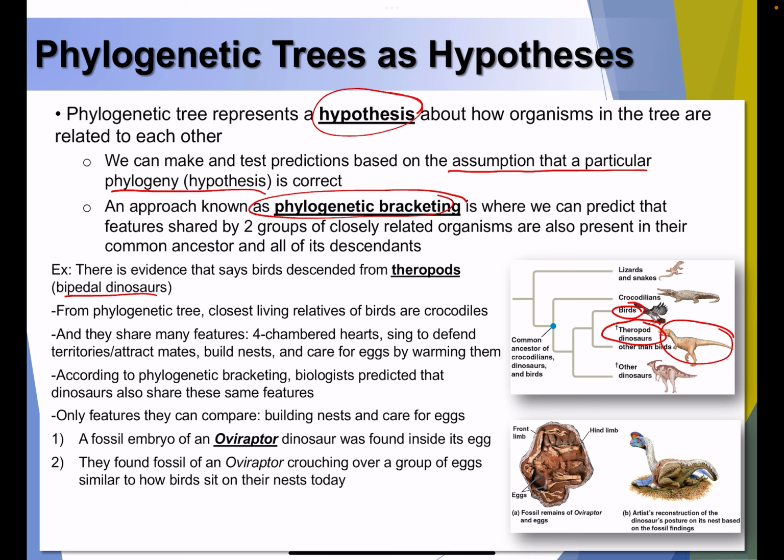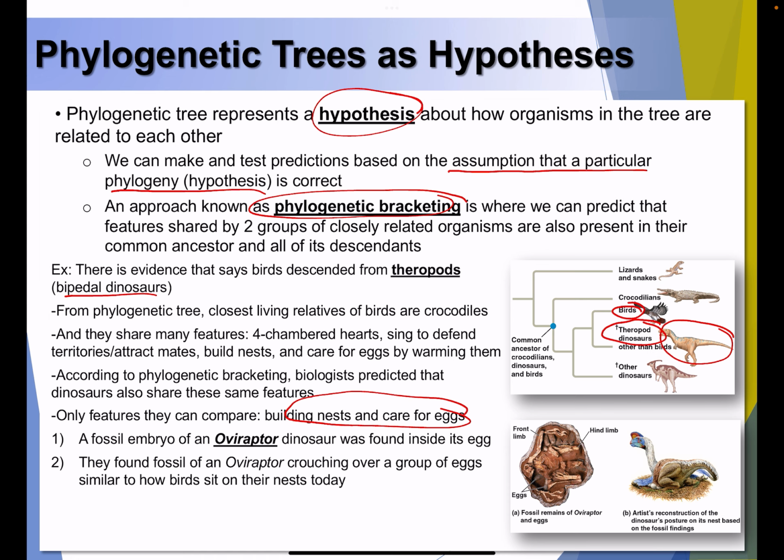So we can only look at the other two features that birds and crocodiles share, which is building nests and caring for their eggs. We can actually see that in fossils, at least indirectly. Here, there are two fossil discoveries that have supported these two particular traits.